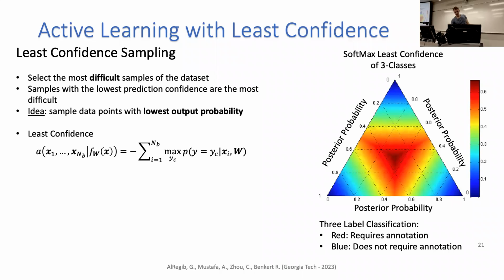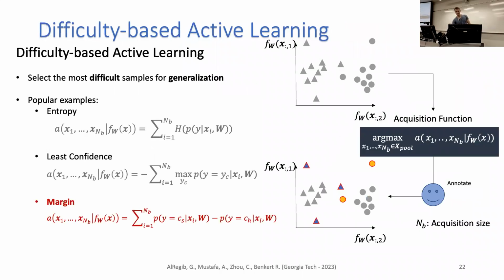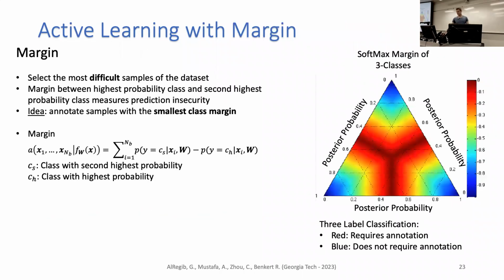So that brings me to the last one, which is margin. You notice that all of these are somewhat similar, and this one also is based on these softmax probabilities. But the difference is that we're going to be taking the difference between the highest and the second highest output probability. And the smaller this difference is, the more difficult the sample.